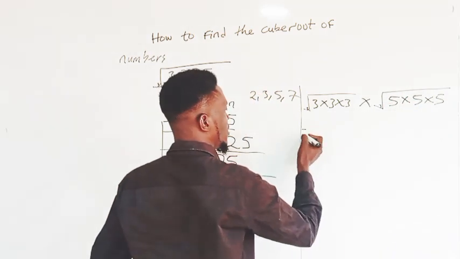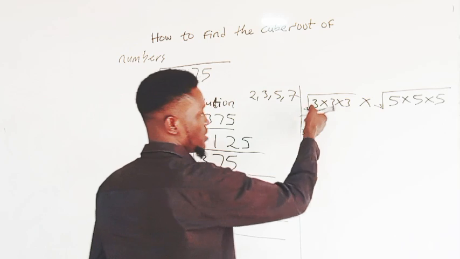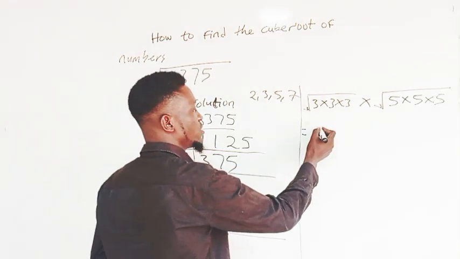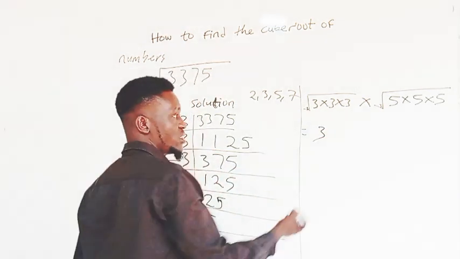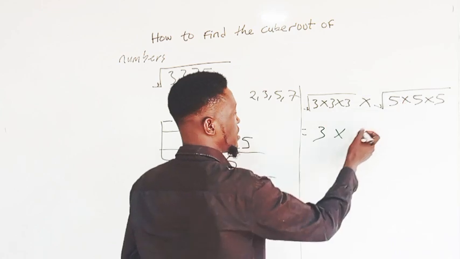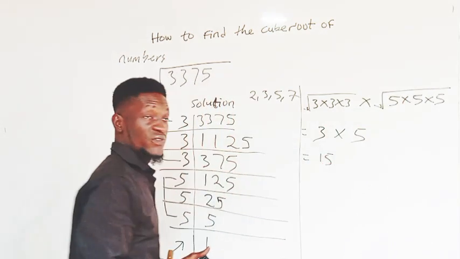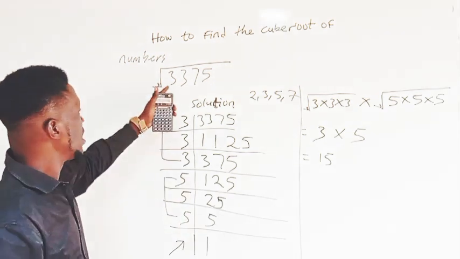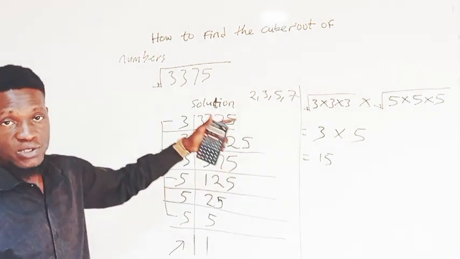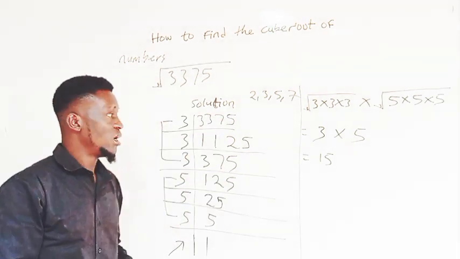You take one number from each group, which is 3, and also one number here, which is 5. So 3 times 5 is 15. So 15 is the answer to this cube root of the number.